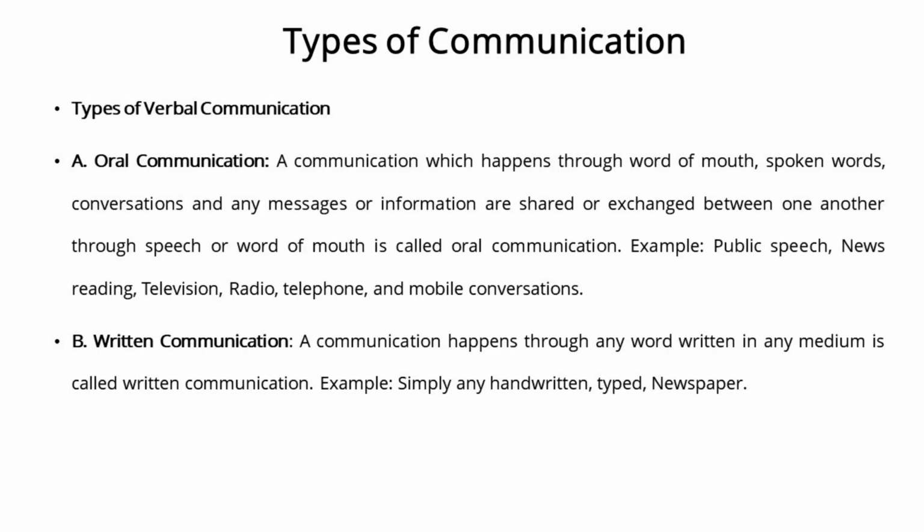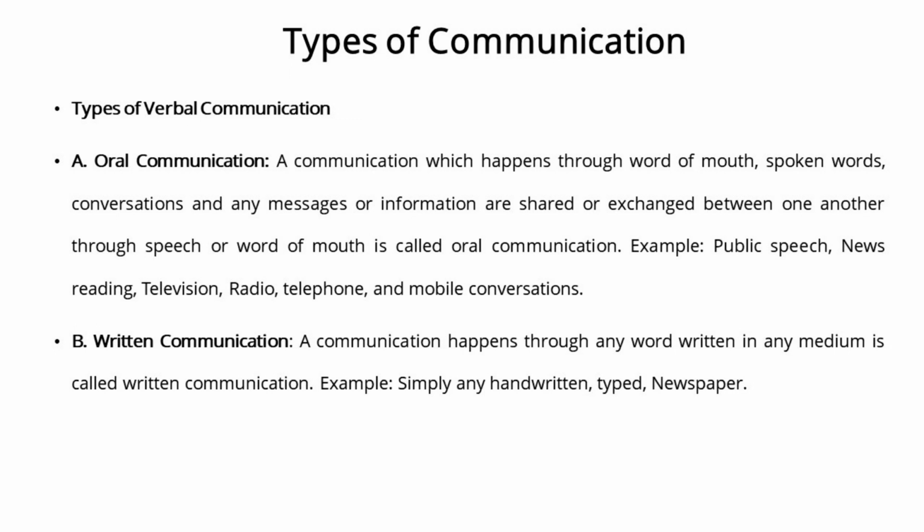Types of verbal communication. A. Oral communication. Communication which happens through word of mouth, spoken words, and conversations, where any messages or information are shared or exchanged between one another through speech, is called oral communication. Examples: public speech, news reading, television, radio, telephone, and mobile conversations.